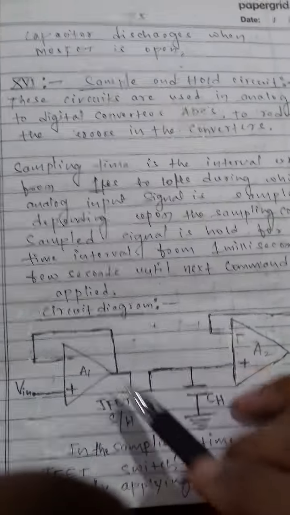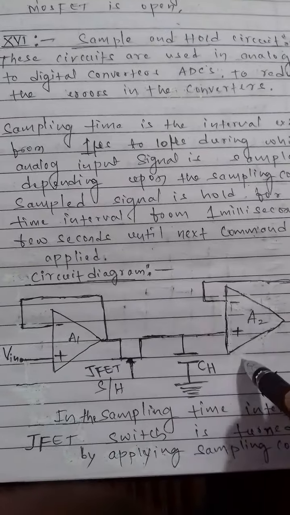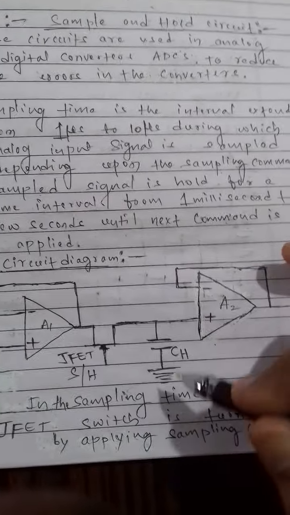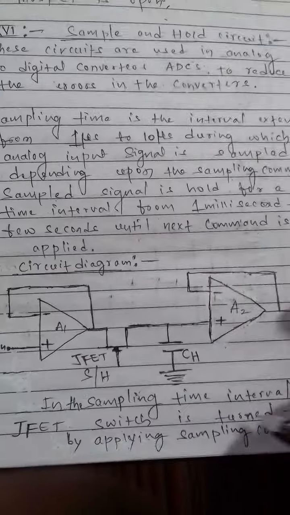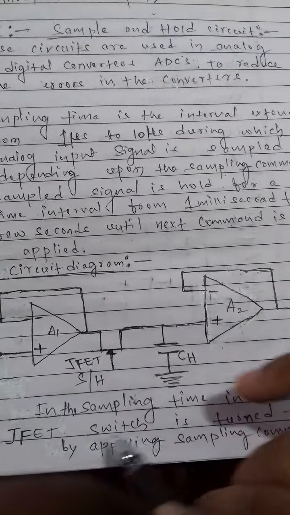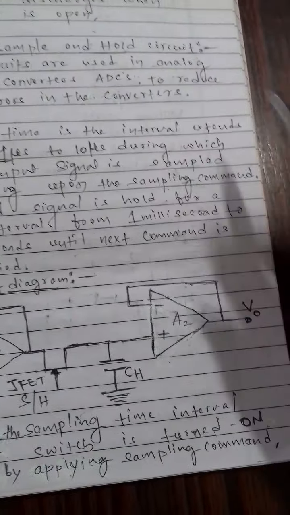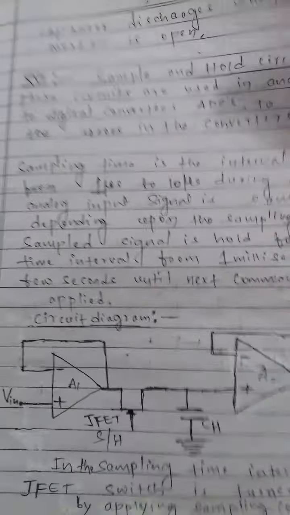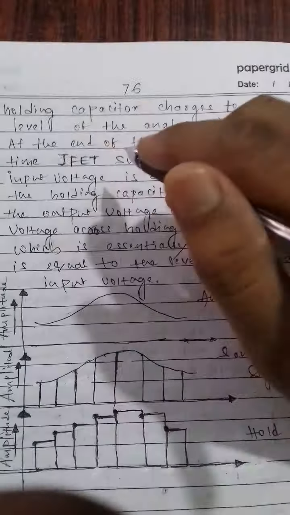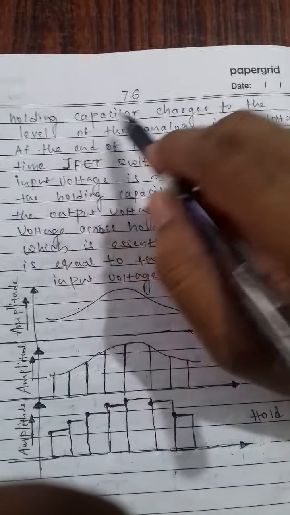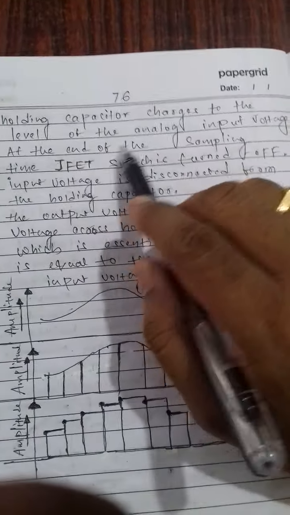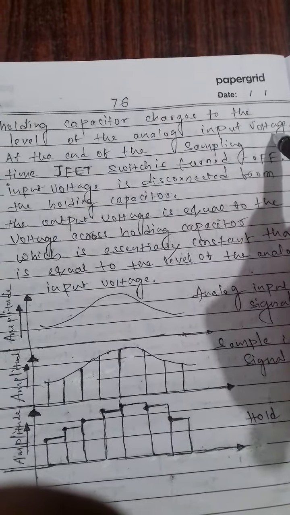So, the circuit diagram here has A1, A2. In the sampling time interval, the JFET switch is turned on by applying a sampling command. The holding capacitor charges to the level of the analog input voltage.